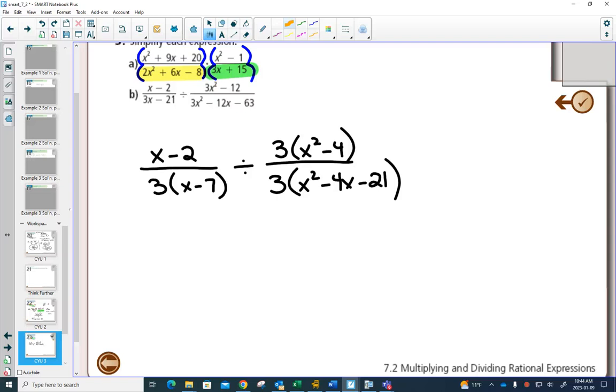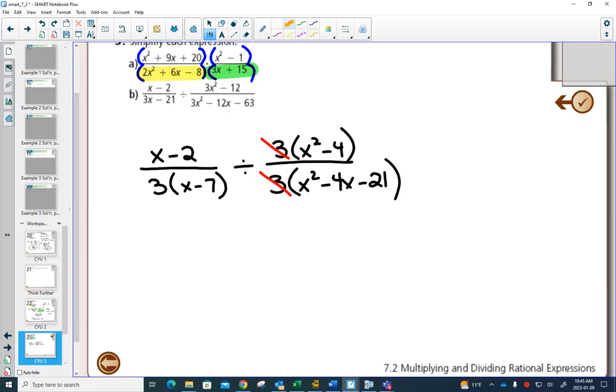Now, question. Notice that I have 3's on the top and the bottom. Does it make sense that you would be allowed to, I'm going to put a red line through these. They're in the same fraction, perfectly fine to simplify those 3's right away. Are you okay with that?